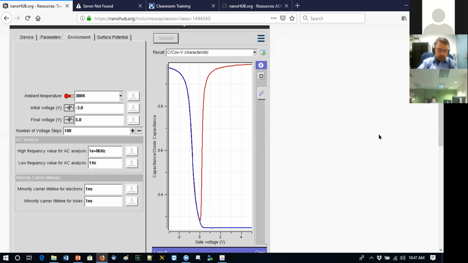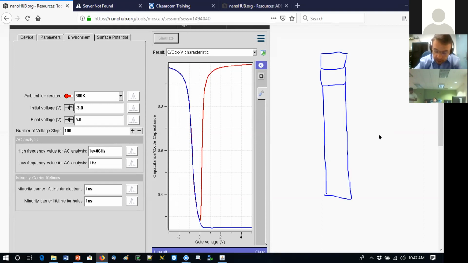Let me remind you very quickly that we had the gate, the oxide, and the large semiconductor layer here. Well, what happened was we were applying negative voltages to the gate side first, and this was our oxide.